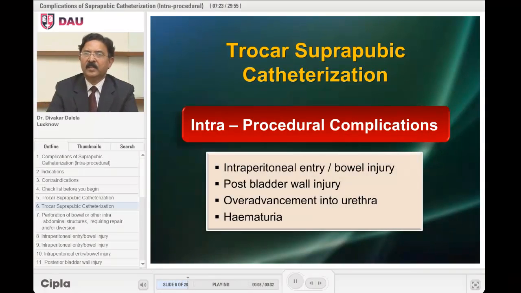These complications are these four: intraperitoneal entry with or without injury to bowel, the injury to the posterior wall of the urinary bladder, the over-advancement of the catheter into the urethra, and sometimes gross haematuria. We will see these complications one by one.